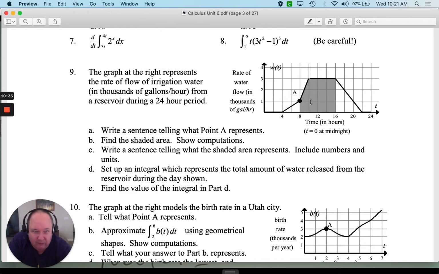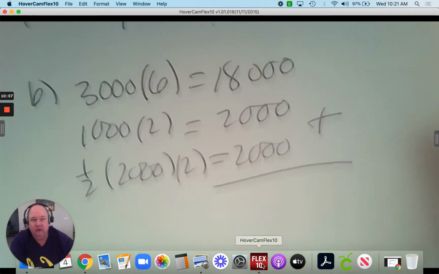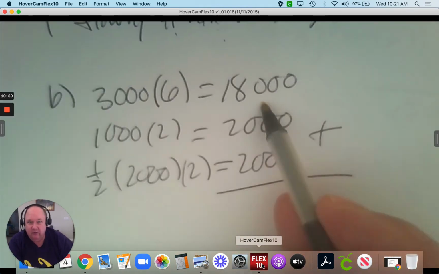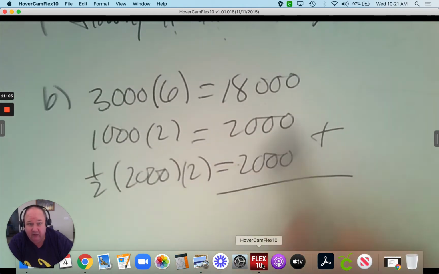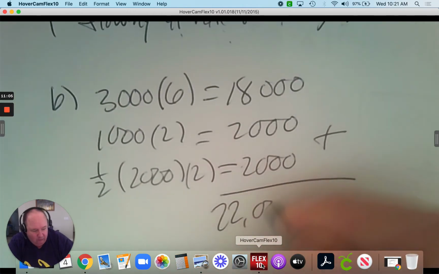And the base of that triangle is 2. So 1/2 of 2,000 is 1,000 times 2 is 2,000. And then I'm going to add it all up. So I get 22,000. And then show your computations, which I did. So there's the big rectangle, the small rectangle, and the triangle. Add it all up, and you get 22,000.